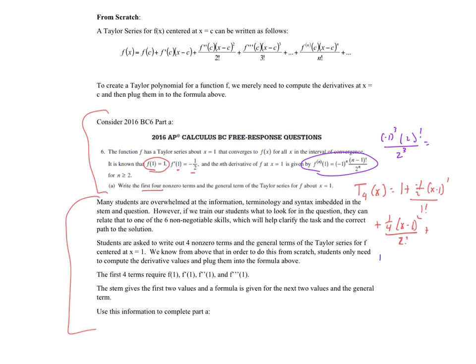But I know it's going to be a negative 1. I'm going to have a 2 on the top, and I'm going to have a 2 cubed. And that's all representing my coefficient term, my a sub 3. I'm going to have my x minus 1 cubed, and I'm going to be over 3 factorial. Just like anything we've already talked about, you cannot have complex fractions in your final answer. So you're going to need to go ahead and simplify these things out.